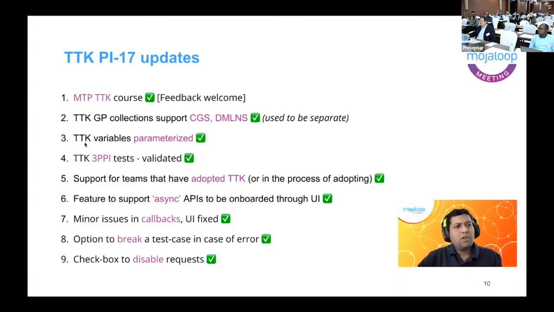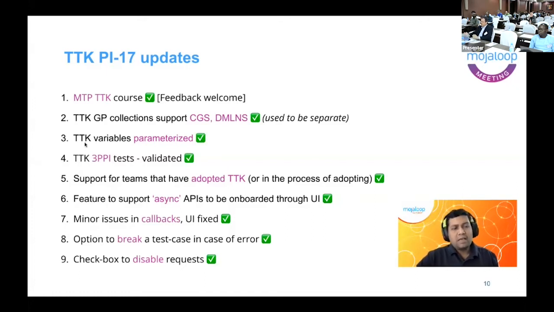And then we parameterized some variables in the testing toolkit. Let's say for some deployments, they may use some custom resource versions, for example transfers at 1.1 and parties at 1.0.